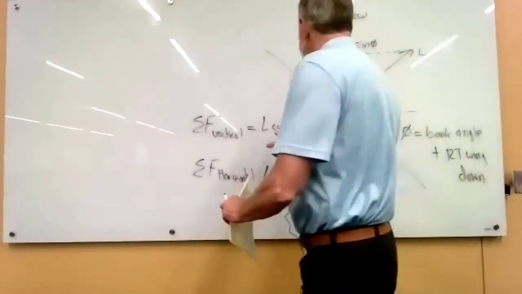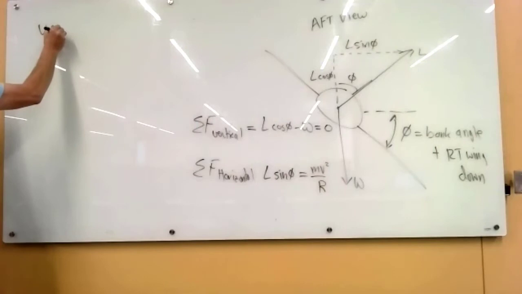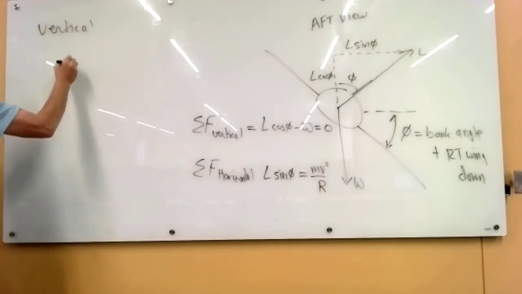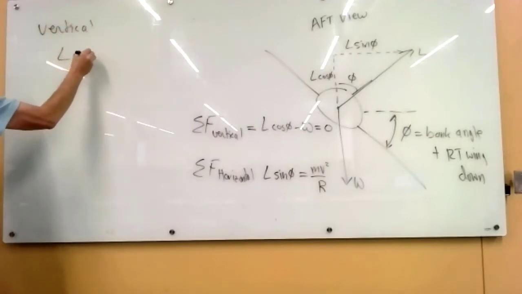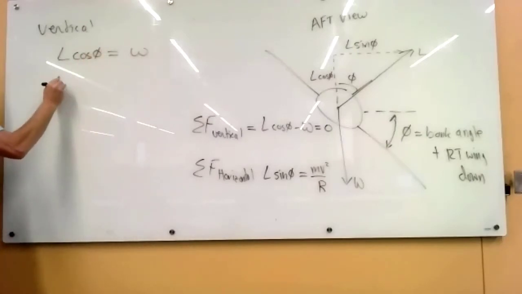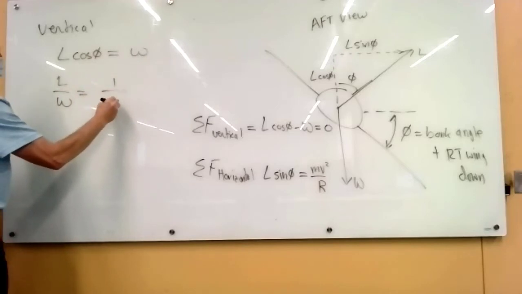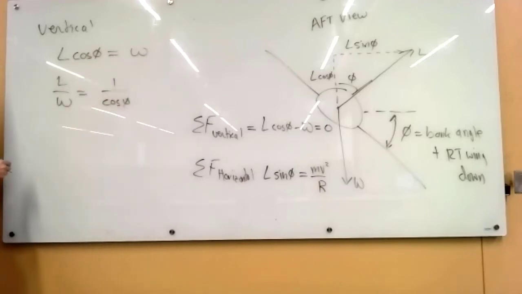And then if we look at this equation here, so the vertical, we have L cosine phi equals the weight. We divide both sides by the weight, and write it like that, cosine over here.